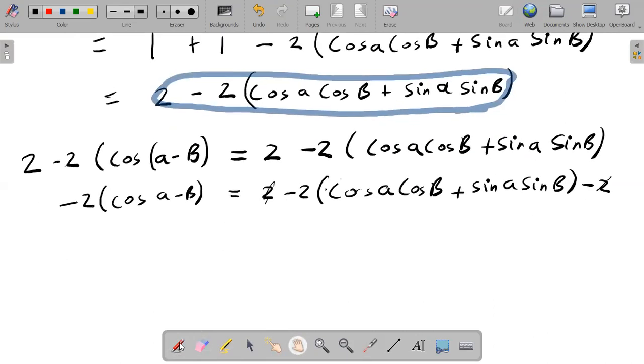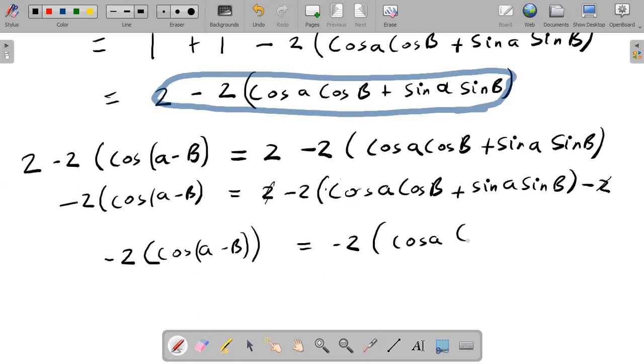So we are left with minus 2 bracket cos alpha minus beta, which is equal to minus 2 bracket cos alpha cos beta plus sine alpha sine beta. This is what we have, which means at this stage we can actually divide by minus 2.